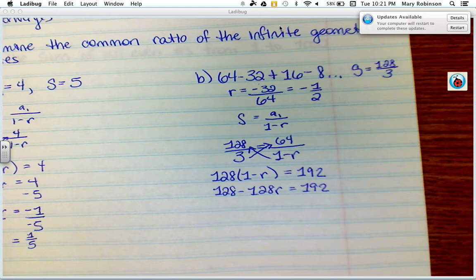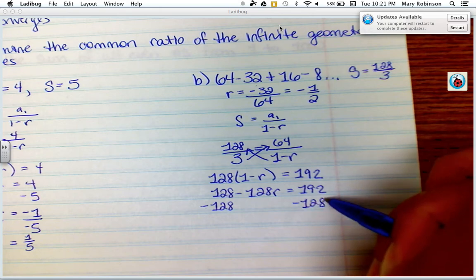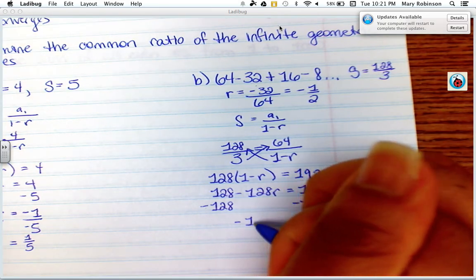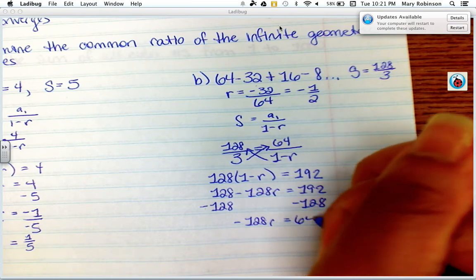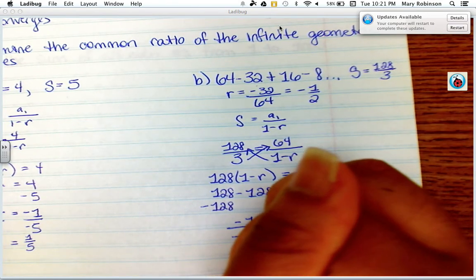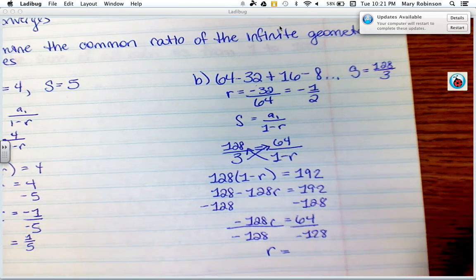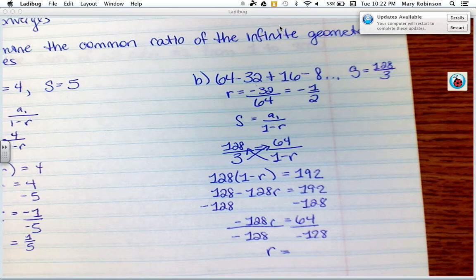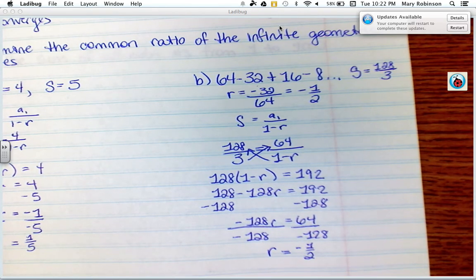So then we're going to subtract 128 from both sides. So we get negative 128r equals 64. So then we're going to divide both sides by negative 128. So we get that r equals negative 1/2. Alrighty, so that's number 7.